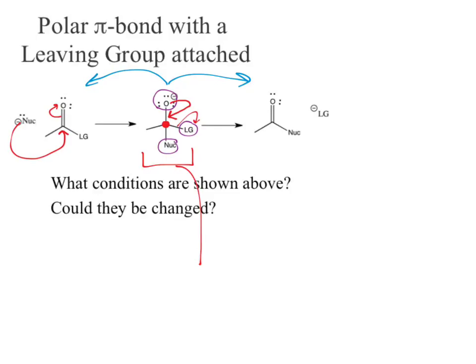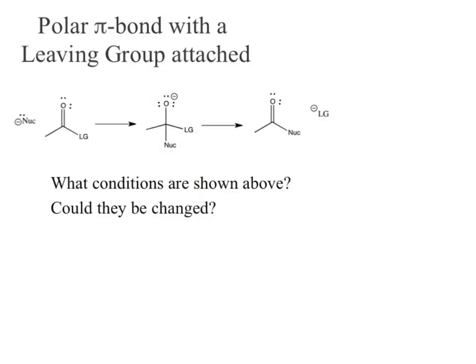What conditions did we run this reaction under? Negative charges are floating all through this, so more than likely we're running under basic conditions. Most of these reactions are run under basic or neutral conditions. We could change them to become acidic. The very first step of an acidic mechanism would be to do what? We protonate the oxygen.